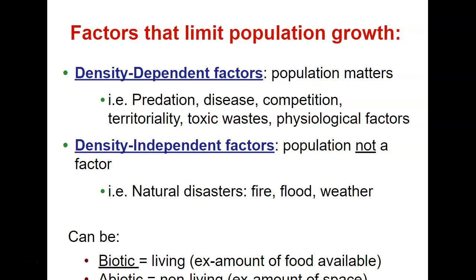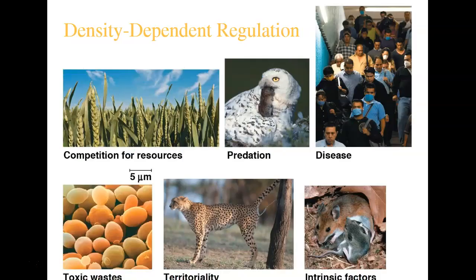That would be a density dependent biotic factor. Abiotic just might mean the number of caves available. That's a density dependent factor as well because it's dependent on the population, but it's abiotic, meaning that it's not living. So here's just a graphical picture of what that looks like in terms of density dependent.